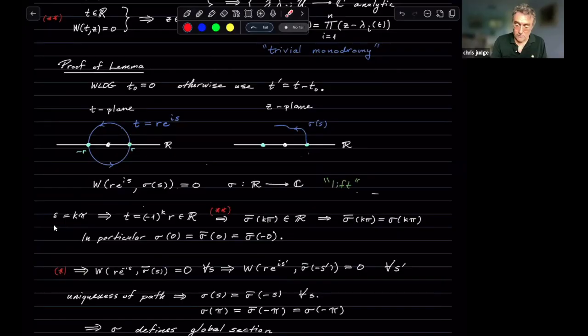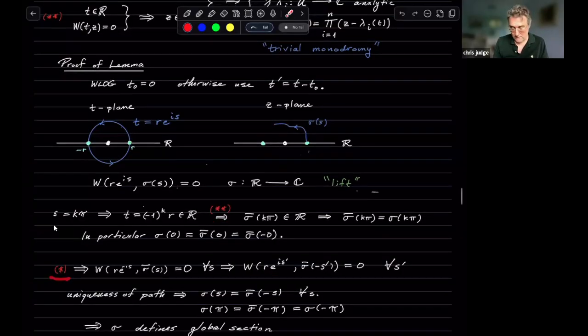You want to show that you have trivial monodromy, so you lift a path from the t-plane into your Riemann surface, and then you have to check that when you do this, everything ends up at the same point. That you don't end up going around maybe several times before you come back. And you use conjugation. Here's where you use the second hypothesis. Here's where you use the first. It's a very nice proof.